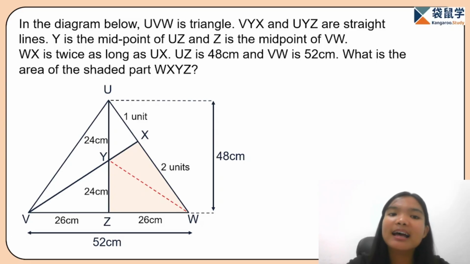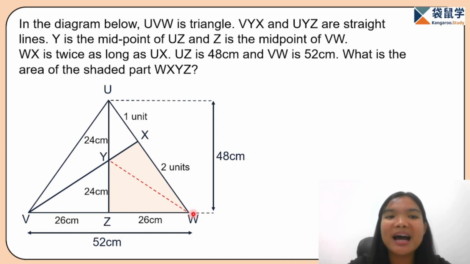Let's check. Let's start with triangle WYZ. Can we find the area of this triangle? Yes, but first, what do we need to find the area of a triangle? The base and the height. Now, for this triangle, let's say the base is WZ, which is 26 centimeters. Then how about the height?